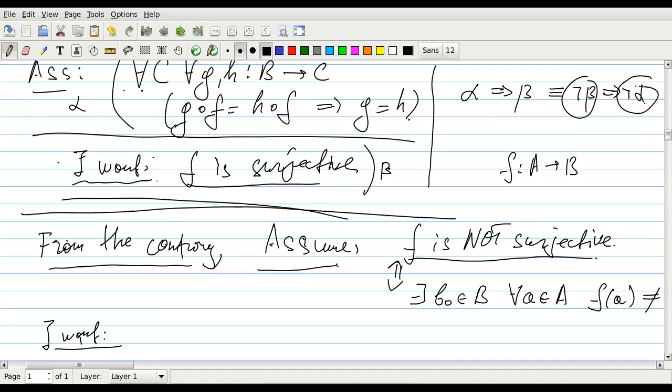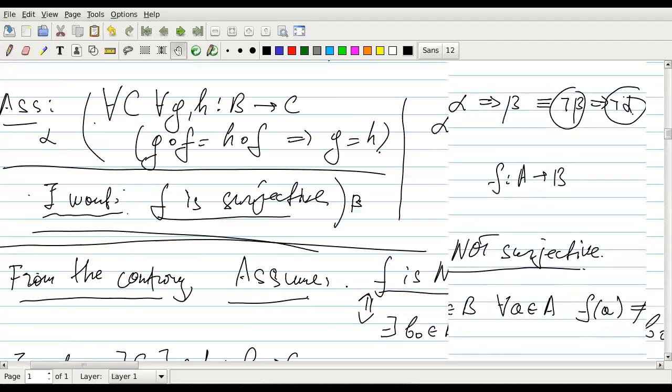But here we have quantifiers before our implication. What does it mean? That it is not the case that for all C and all functions G and H this implication is true, so there exist some C and some functions G and H such that this implication is not true. Is it clear?